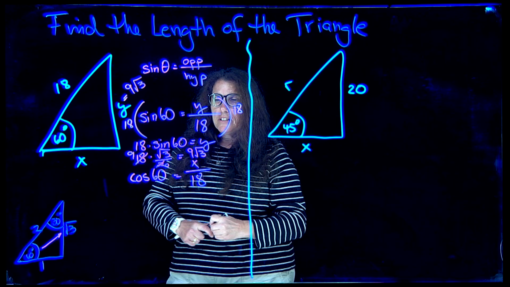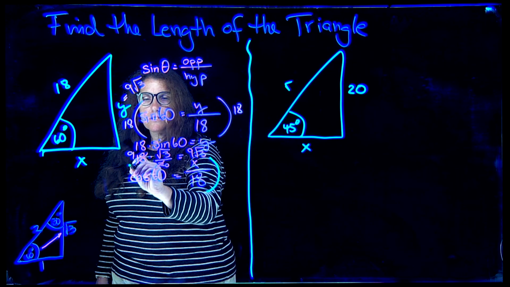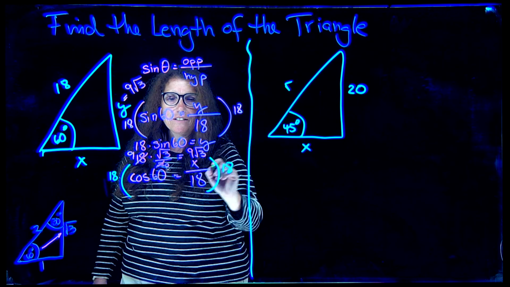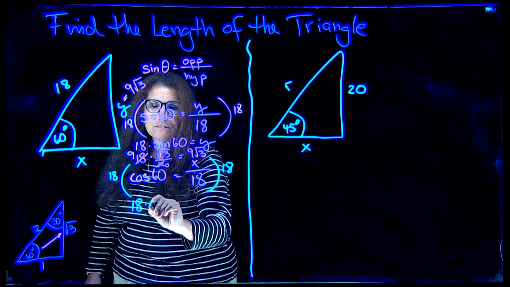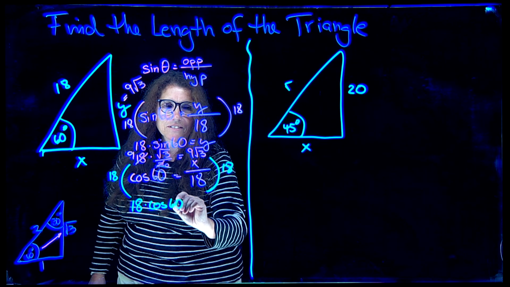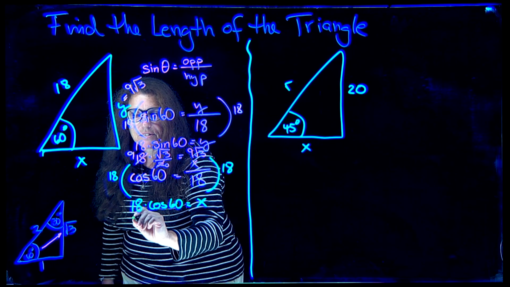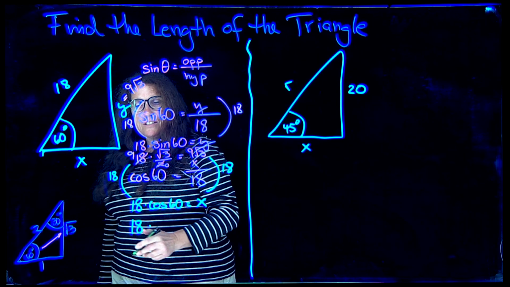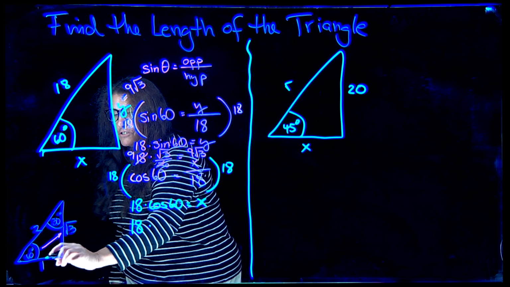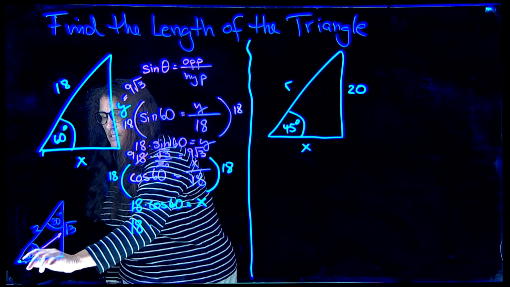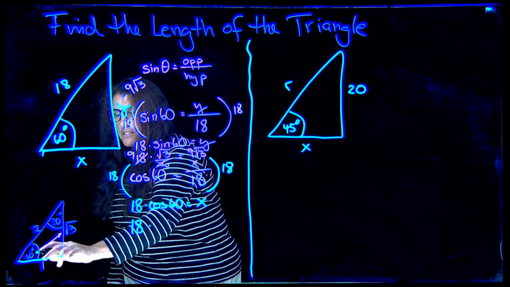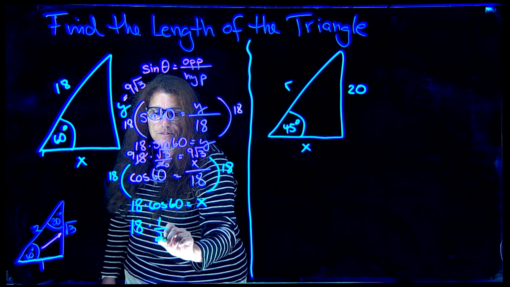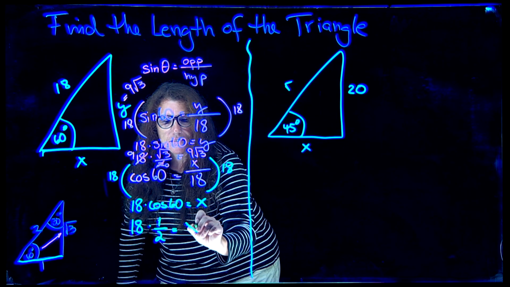Okay, now let's find x. Again, to get x by itself, we're multiplying by 18 on both sides. We have 18 times the cosine of 60 is equal to x. If I look at my special angle triangle, the cosine of 60 is the side adjacent to 60 degrees, so that would be 1 divided by the hypotenuse, which is 2, and that is equal to x.